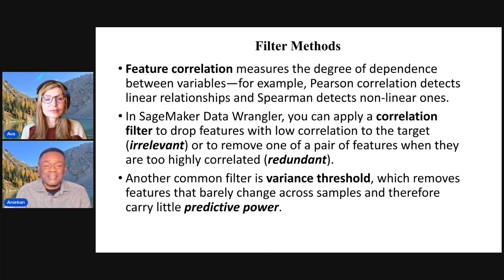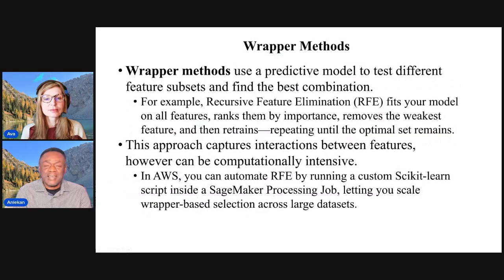The other method that we can point to is what's called the wrapper method. So the wrapper method is another approach that we can use to combat this. And the wrapper method is where we use a predictive model to test different feature sets, right? And this is like running repeated model experiments to find the best group of features for your model. And one popular technique is called RFE, recursive feature elimination.